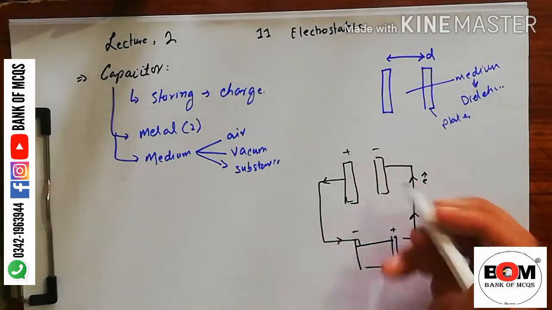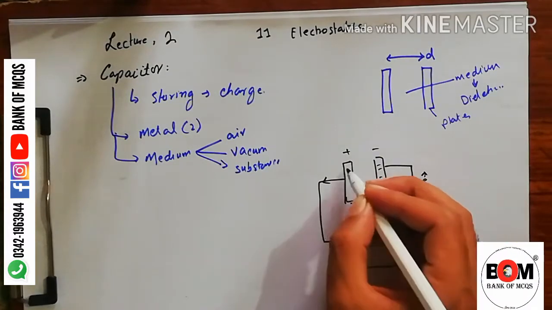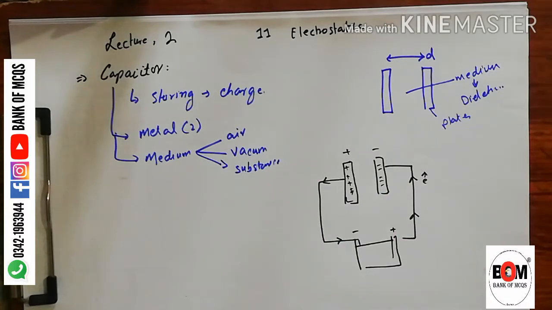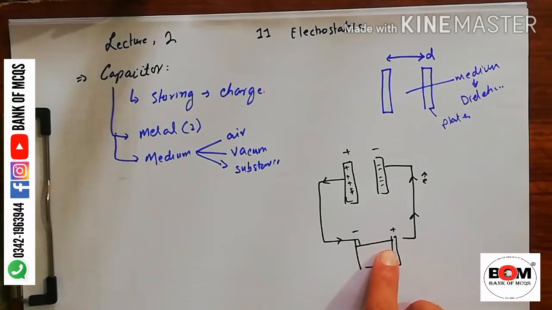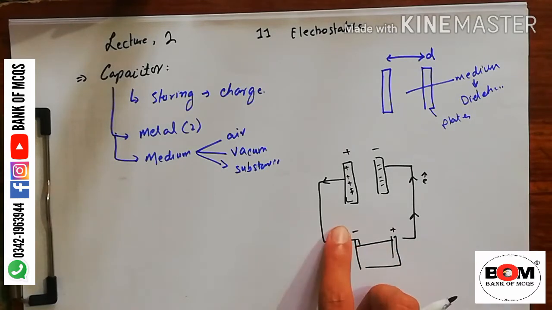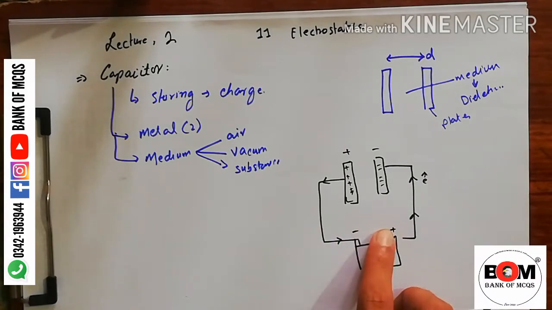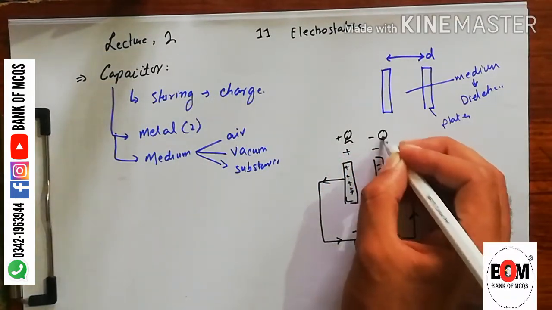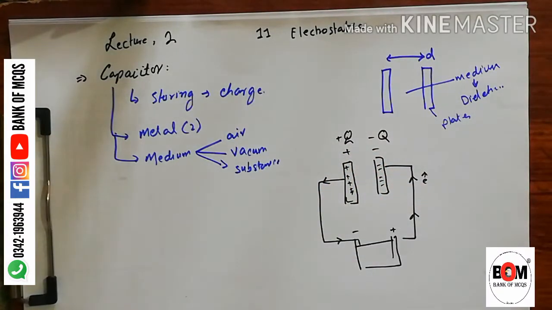So negative charge increases with time on the negative plate, and positive charge increases with time. In this way, charge plus Q and charge minus Q appear on the plates.